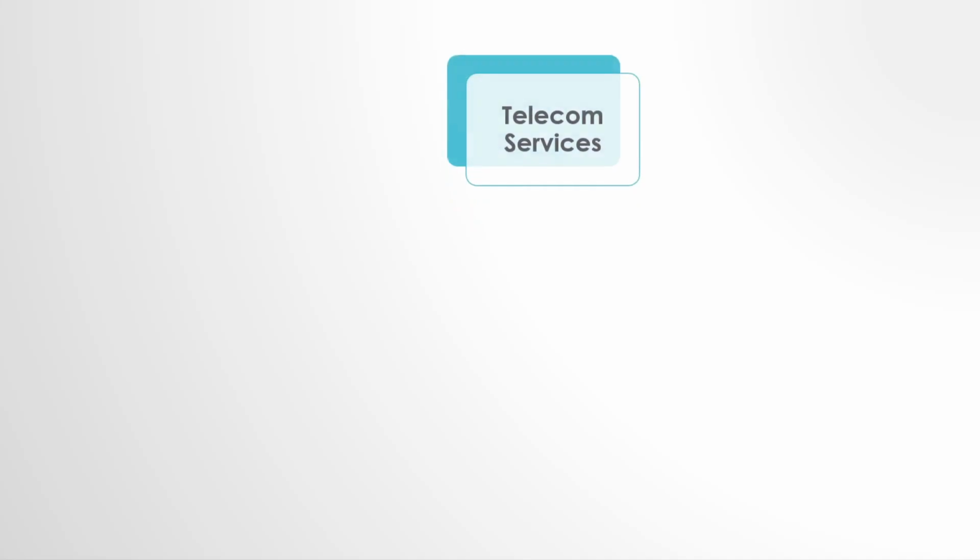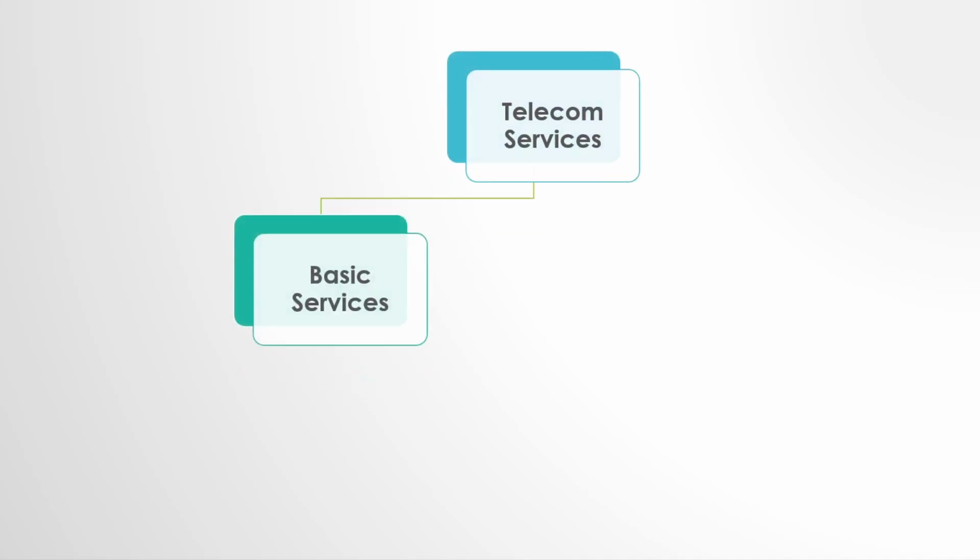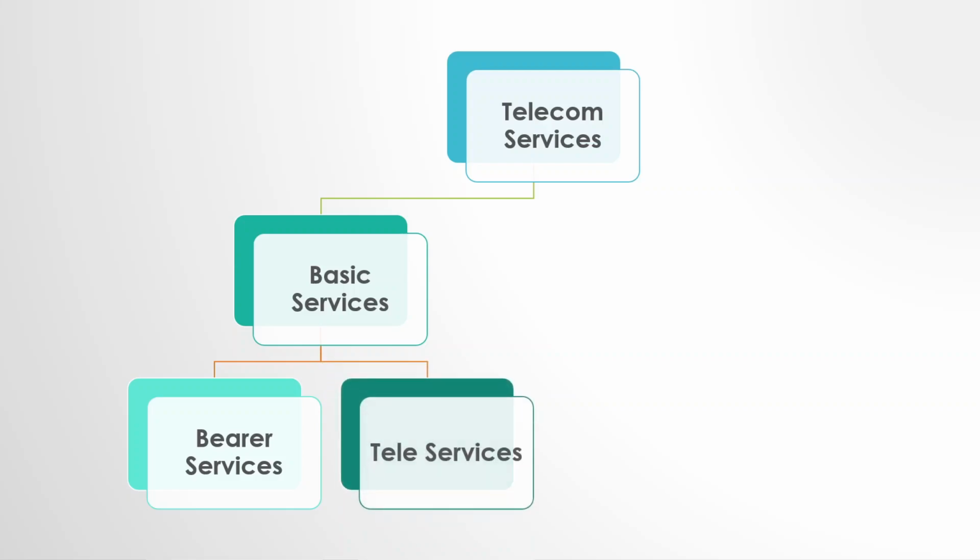Telecommunication services are further categorized as basic services, which further include bearer services, which provide the users the capacity needed to transmit appropriate signals between certain access points. Teleservices, which provide the users with the necessary capacities including terminal equipment functions to communicate with any other users.